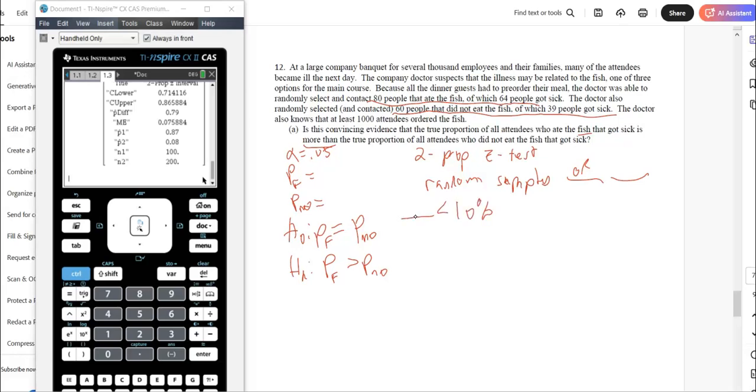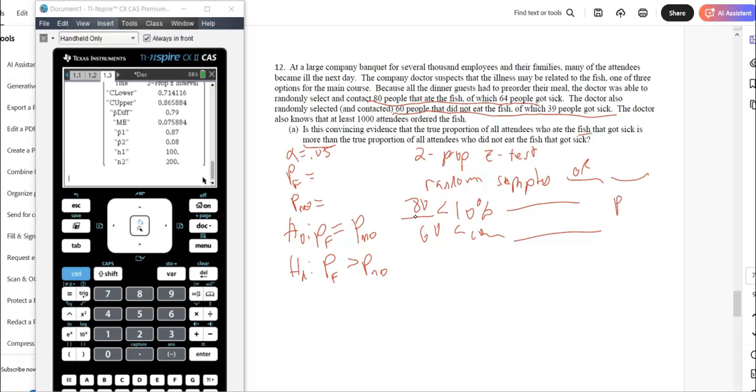So what was the first one? 80 is less than 10% of all the folks, and 60 is less than 10% of all those folks. Okay, so for this one, we have to do that weird thing.